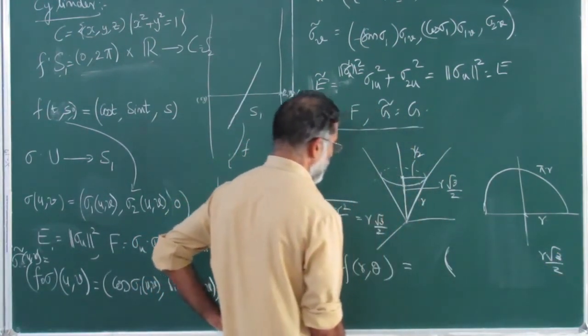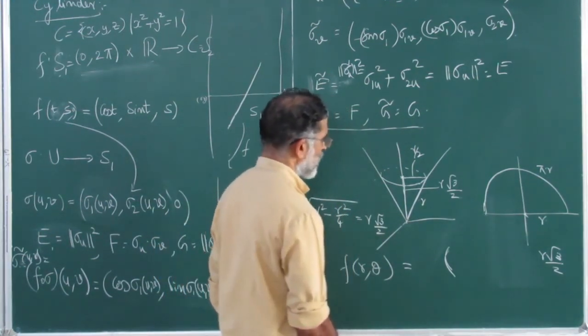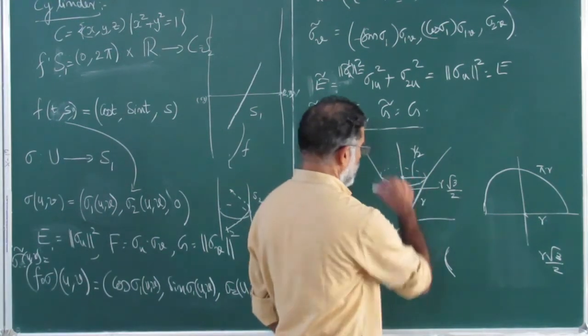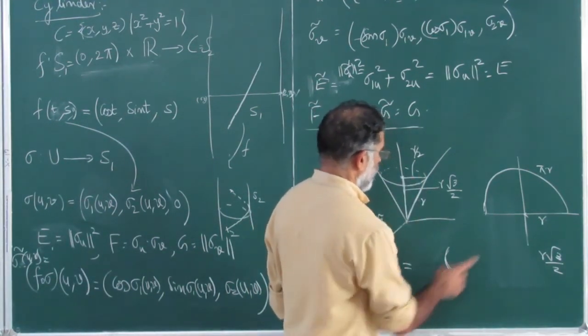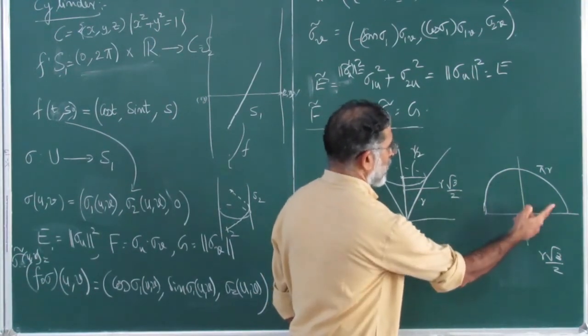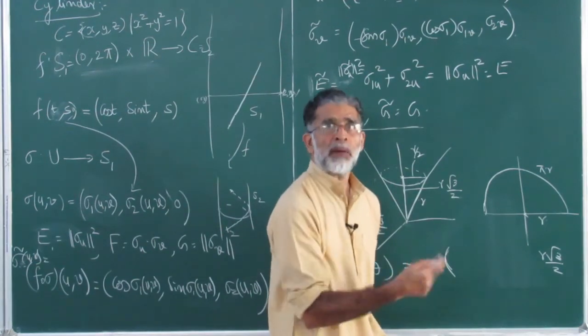And what are going to be the first and second coordinates for this circle? It has to go to a full circle, which means doubling.